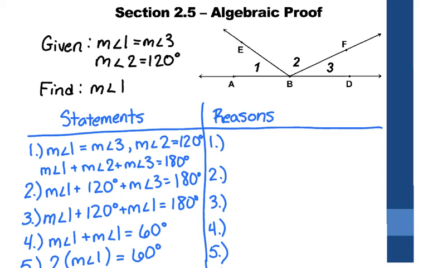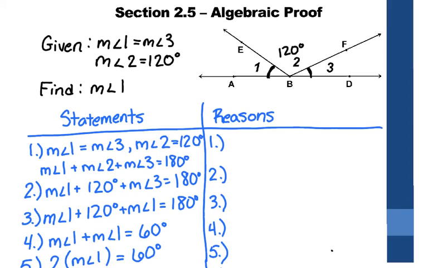Okay, so I'm going to kind of mark these on my diagram here. We know that these two angles are congruent. And then we know this one is 120 degrees.